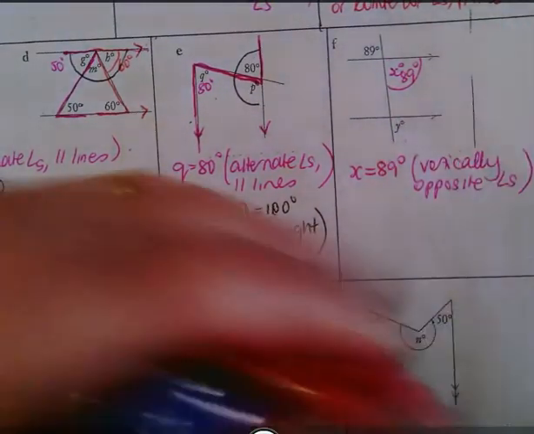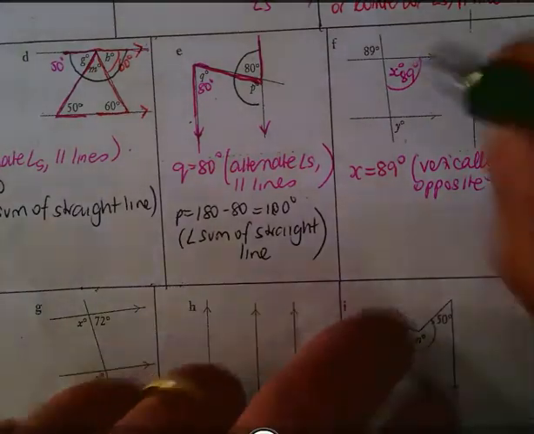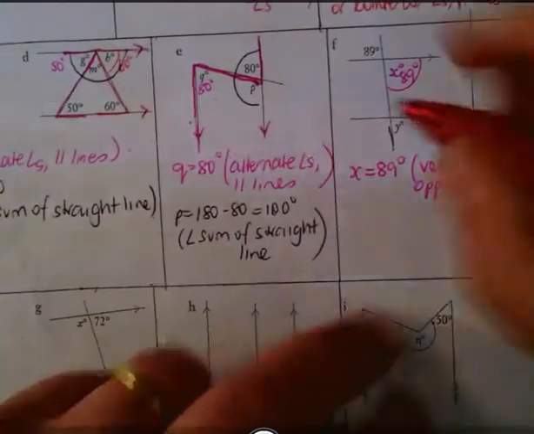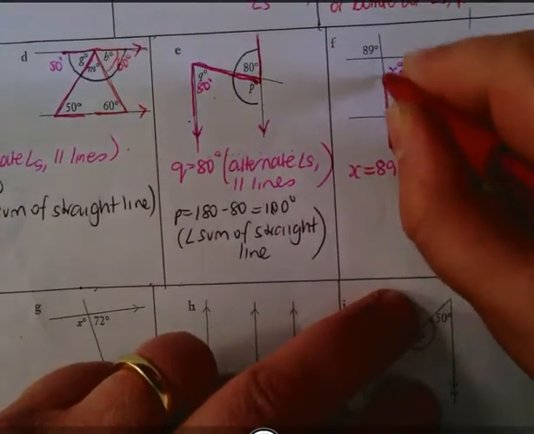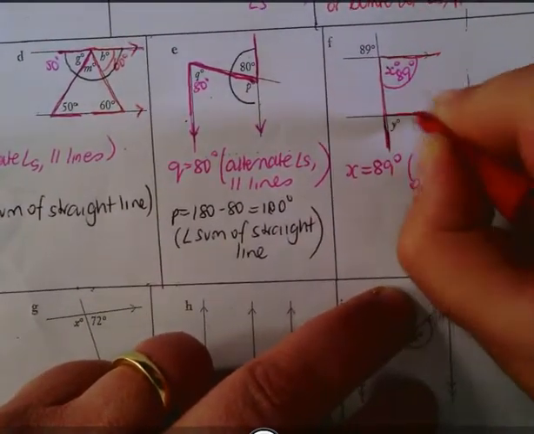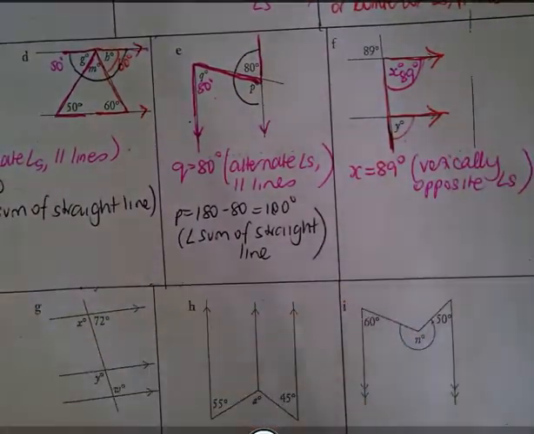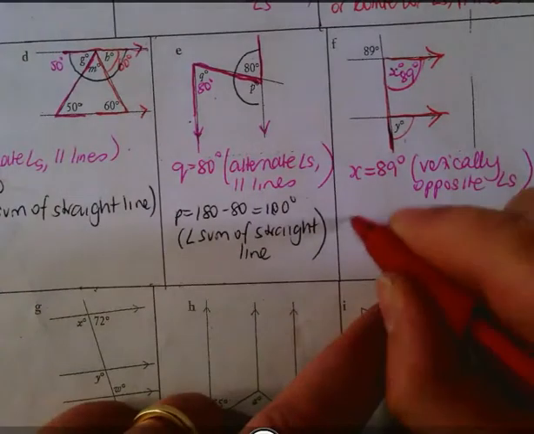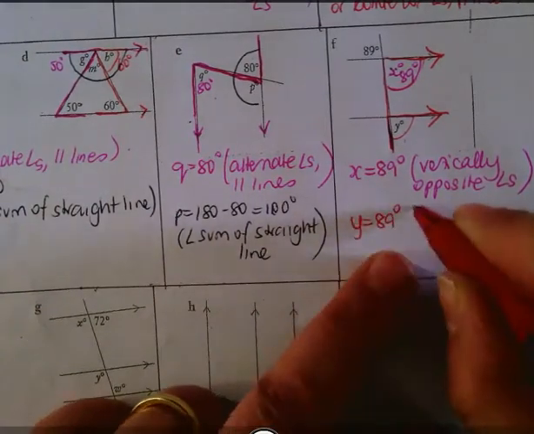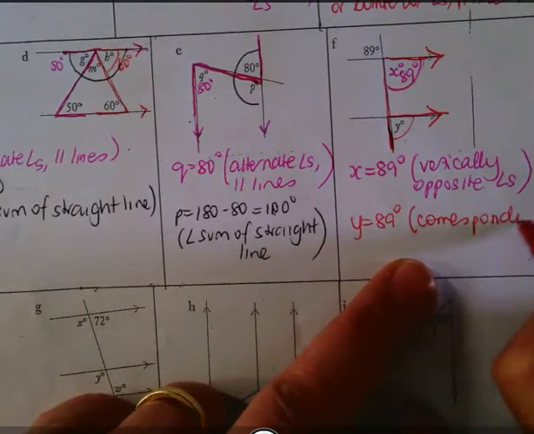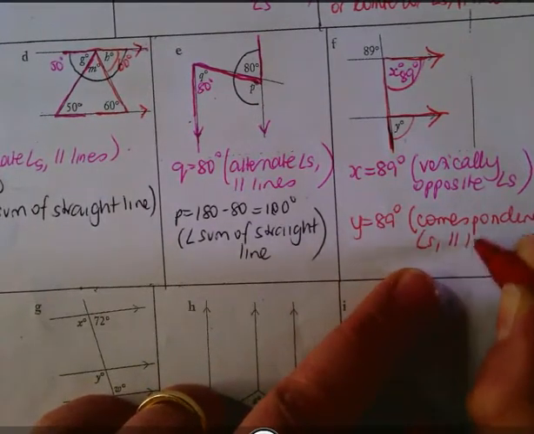I've got my 2 intersections, and I can see that this angle and this angle are in the same position, or I've got my F angles, which are corresponding. So here's my F. This angle and this one are corresponding. So I can say that Y is also 89 degrees by corresponding angles on parallel lines.